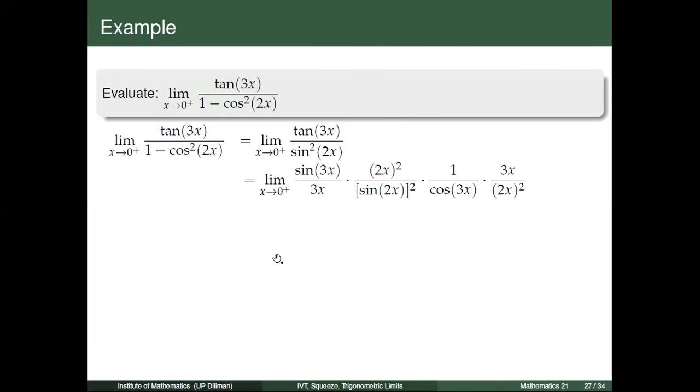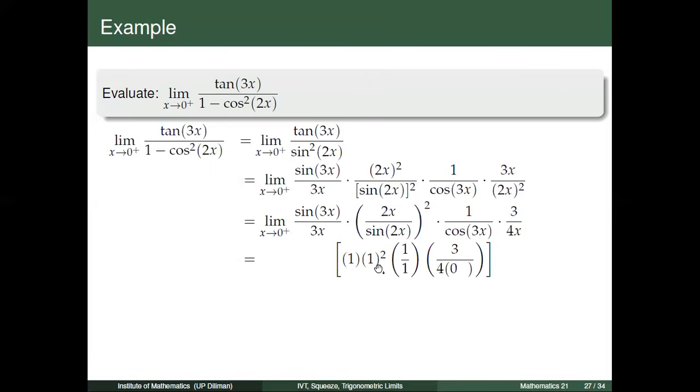Okay, and rewriting, we have the limit as x approaches 0 from the right of sine 3x over 3x times 2x over sine 2x quantity squared times 1 over cosine 3x times 3x over 4x squared, or 3 over 4x. Noting that cosine of 0 equals 1, we have that the limit has the form 1 times 1 squared times 1 over 1 times 3 over 4 times 0.